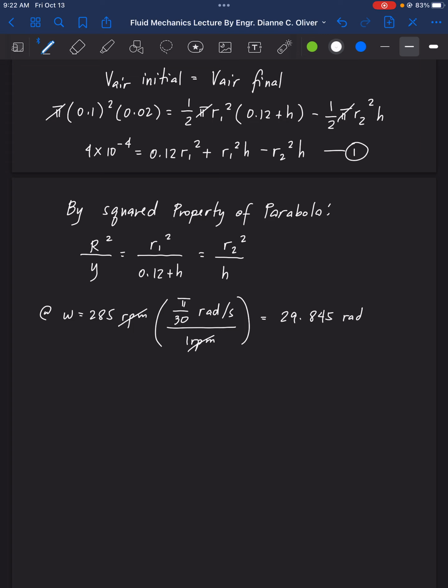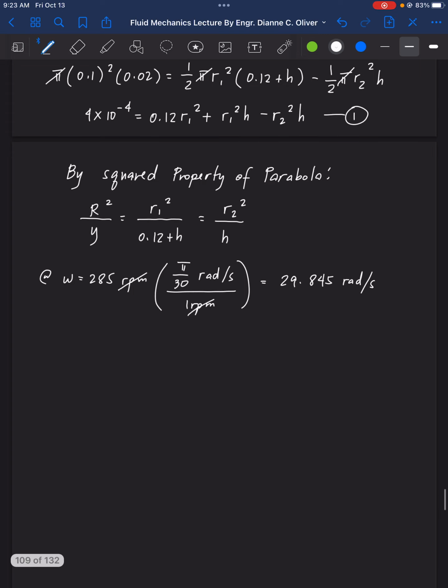29.845 rad per second. So y here is equal to omega squared, 29.845 squared, the radius 0.1 squared, divided by 2 times 9.81.